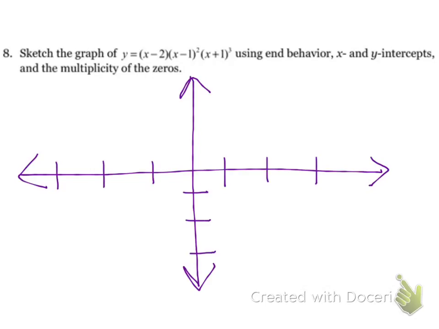I know I'm not going to have a factor that's greater than that looking at my equation. Okay, so again, looking at my factored form equation, I know I have an x-intercept at negative 1. I know I have one at positive 1. And I know I have one also at positive 2.